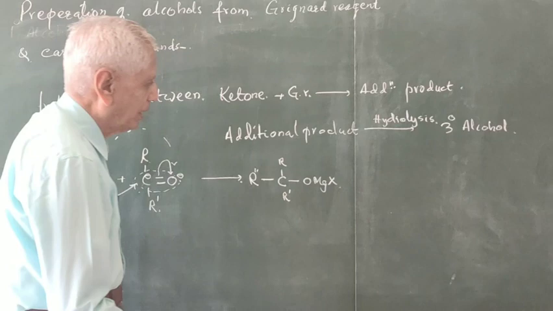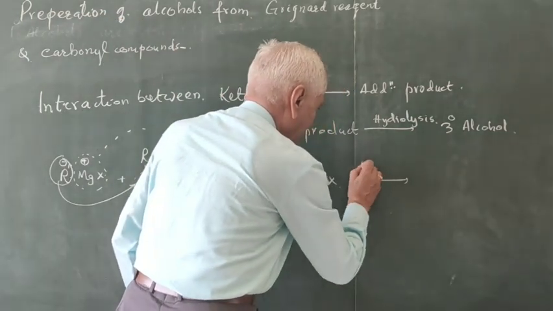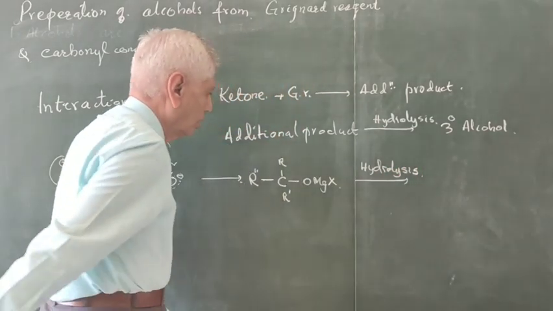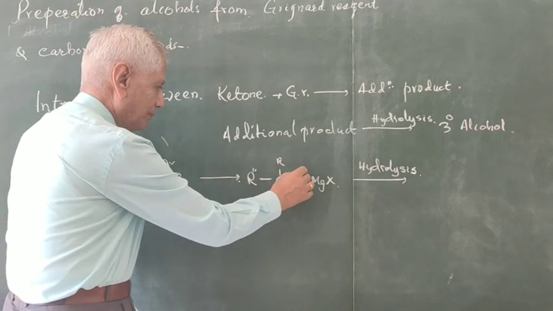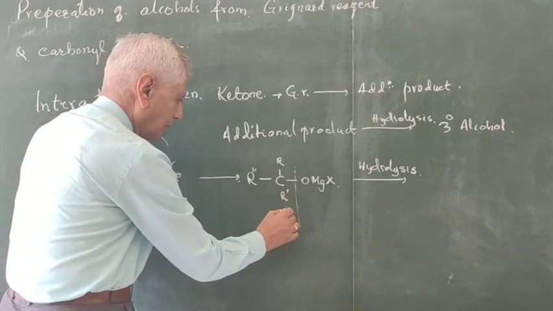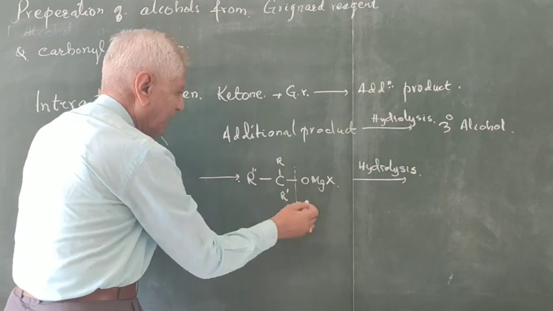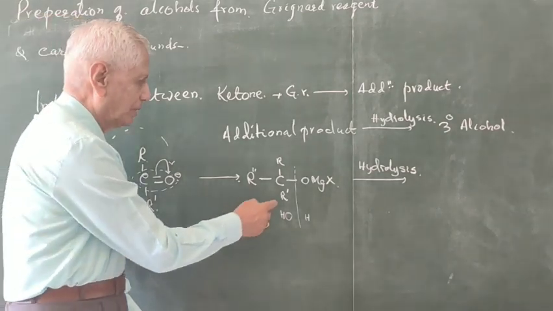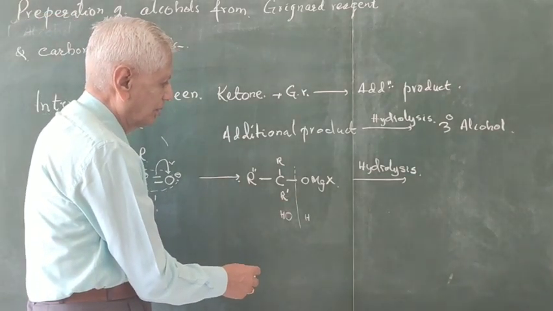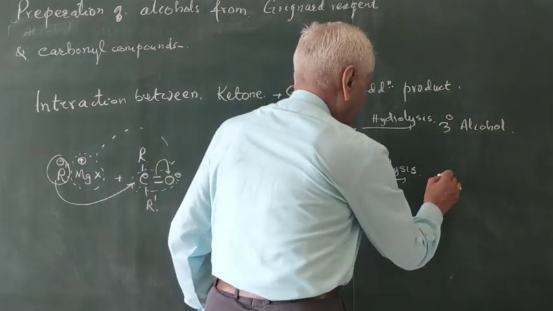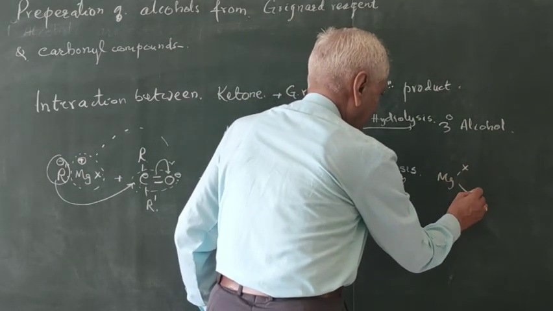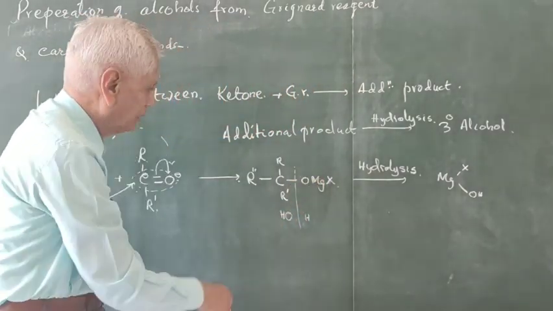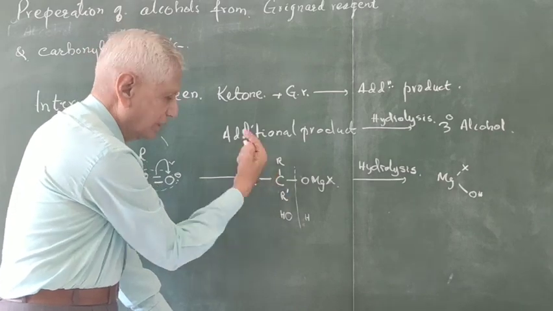And this addition product obtained on further hydrolysis, the OMgX bond breaks here. We get OH, H. The water adds, it will decompose, not add, decompose. Therefore, you get MgX OH, and we get R, CRR, OH.